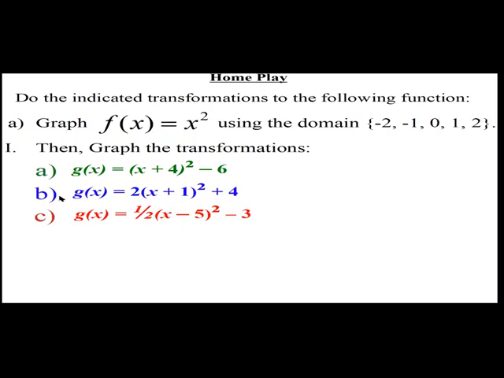Part B, the transformation is in blue. G of x equals 2 times (x plus 1) squared plus 4. Part C is in red, and it reads g of x equals 1/2 times (x minus 5) squared minus 3. Copy that.